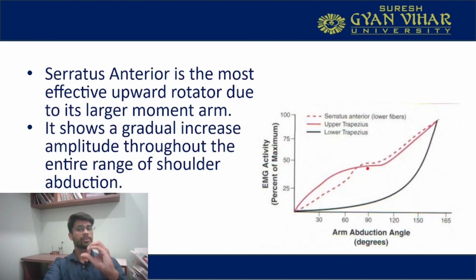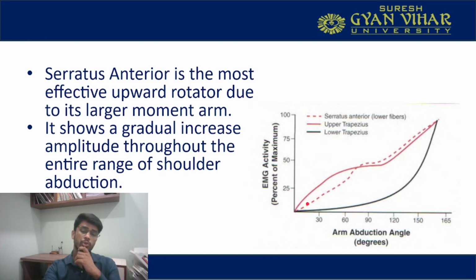Now let's understand the relationship between all these muscles in the upward rotation range of motion. This is the arm abduction angle from 0 degrees to nearly 165 degrees. You can see that this red line depicts the serratus anterior force of contraction. On the y-axis we have the EMG activity, and on the x-axis we have the arm abduction angle.